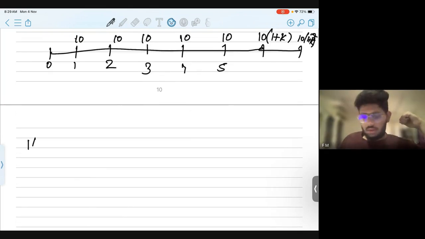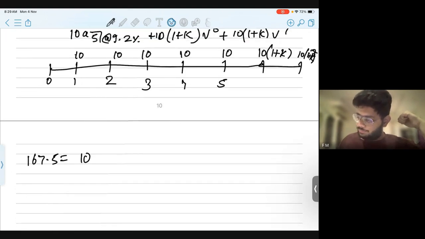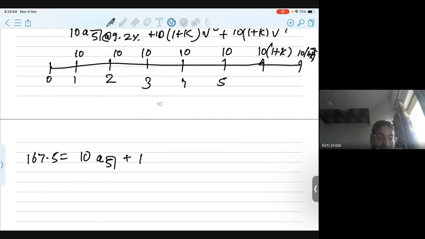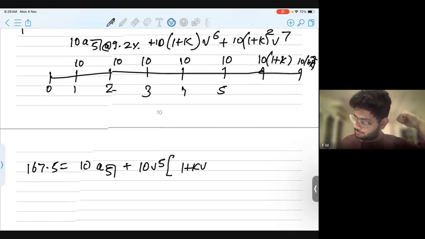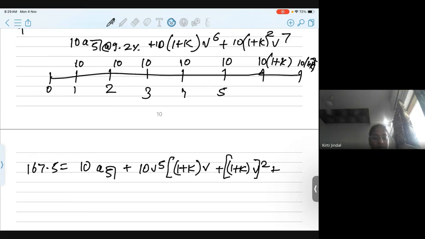So now this is equal to 167.5 is equal to 10a5 plus 10 v5 times (1 plus k)v, plus ((1 plus k)v) squared, and so on.